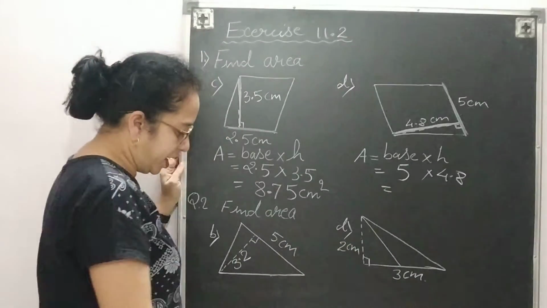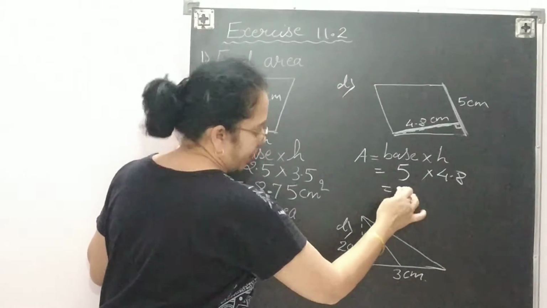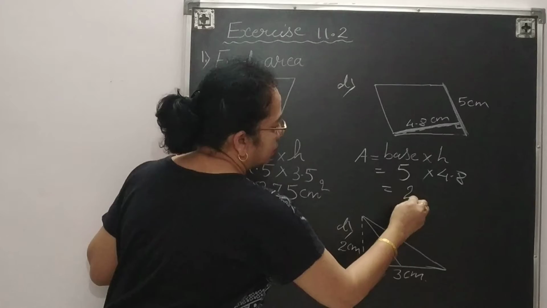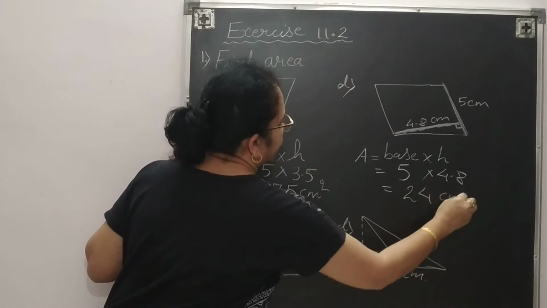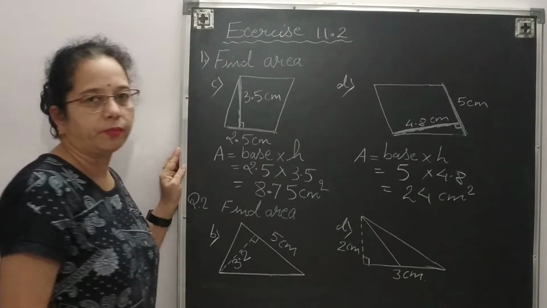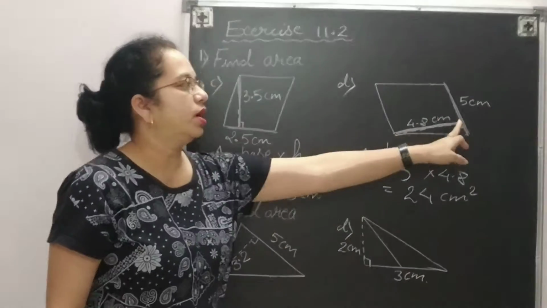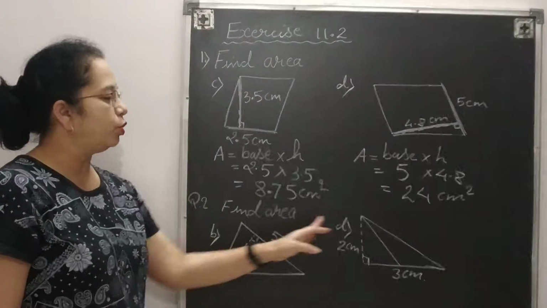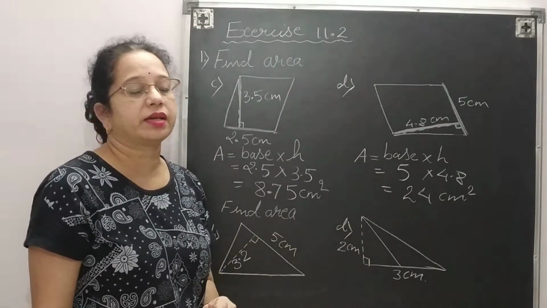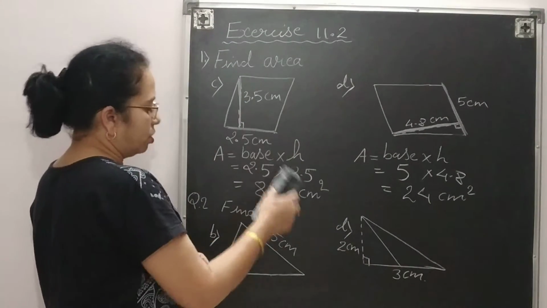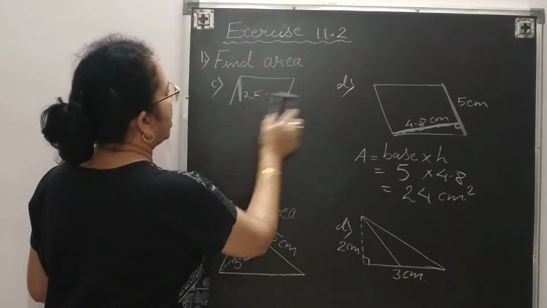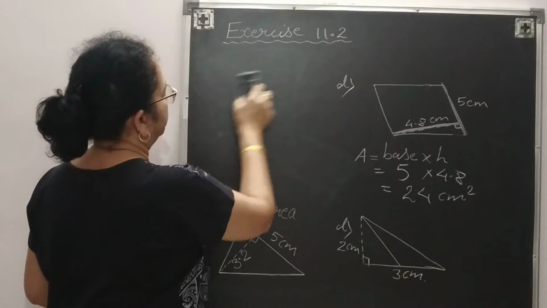Now multiply these two, you will get 24, and the unit will be centimeter square. Same perpendicular and base concept we will use for the next figure, that is triangle. Figures I have already drawn, and now I will solve some here.